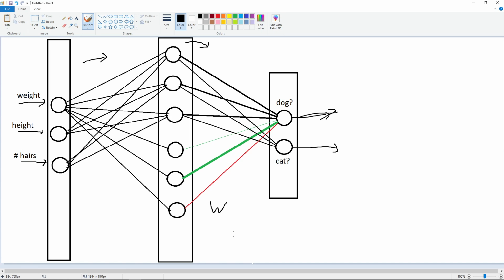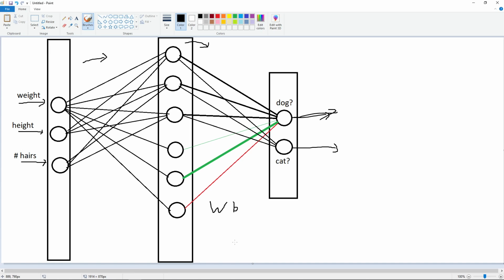And then my own opinion, so the opinion each neuron has on the subject, is going to be modeled by a bias vector, which is going to be represented by a B.